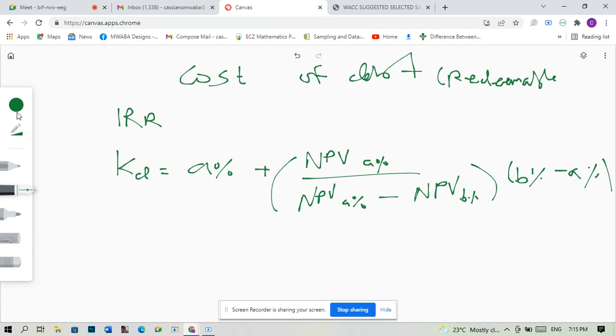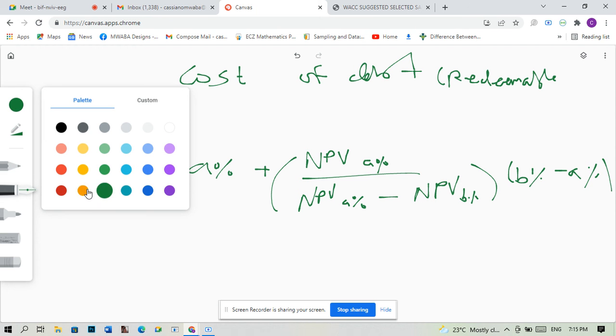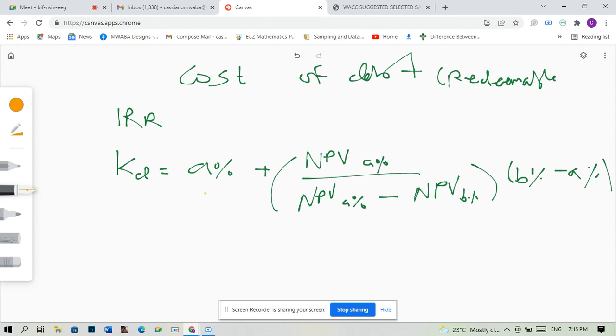Okay, so this 8% represents the lower discount rate, and this B% represents the higher discount rate.